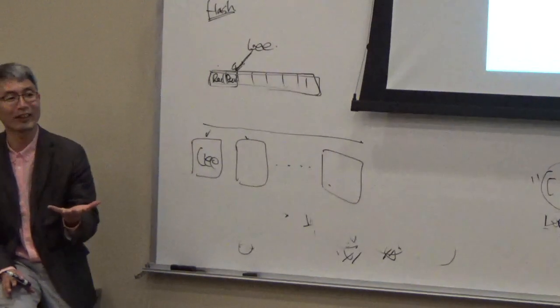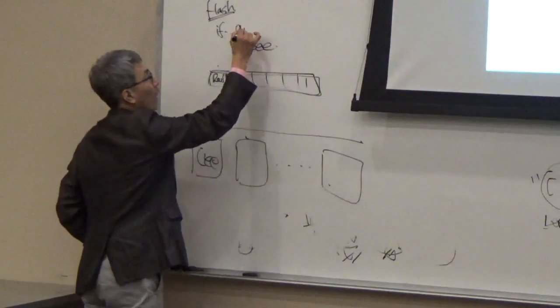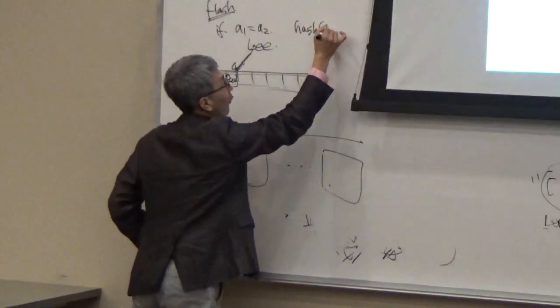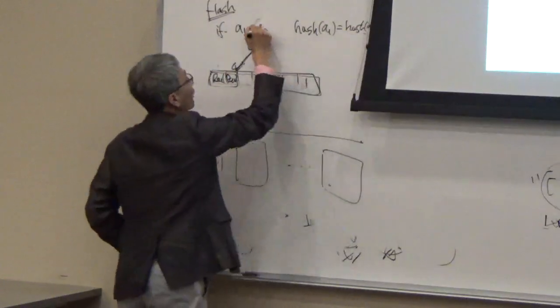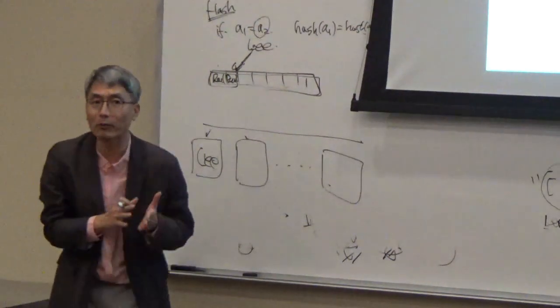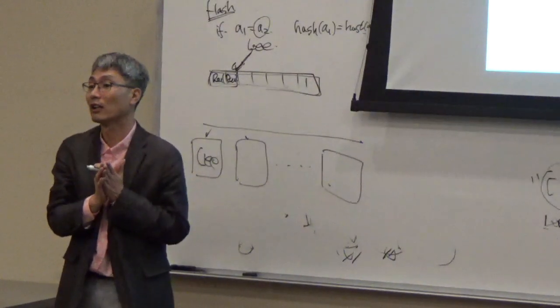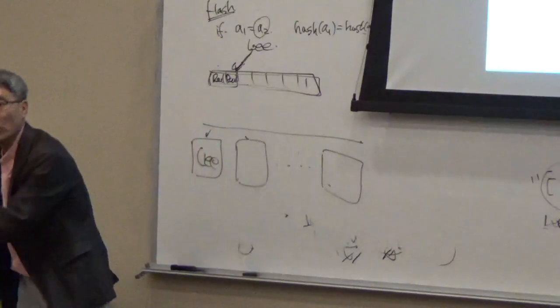If the inputs A1 and A2 are the same, the hash of A1 and A2 are the same. That's the idea. Then we can search the data. Another benefit of hash is it can make very complicated data into a simpler one.